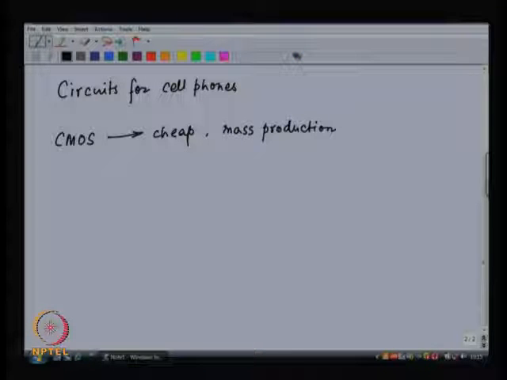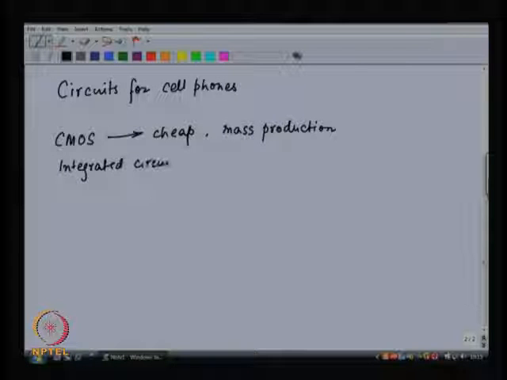The second important phrase, integrated circuits, implies that the course has to be about things that are extremely highly integrated circuits. So, it's got to be cheap, it's got to be mass produced, and it's got to be integrated.